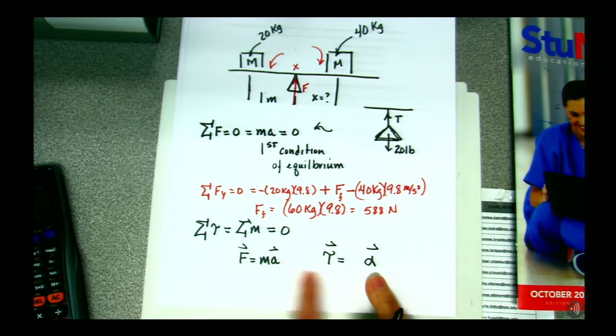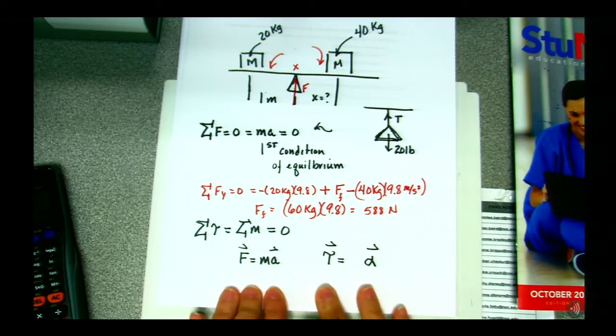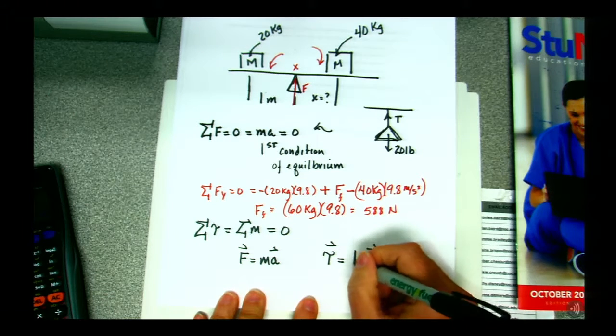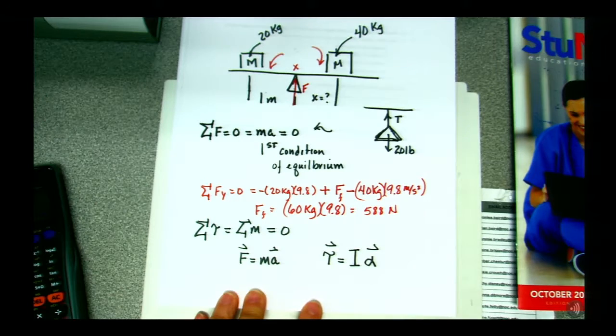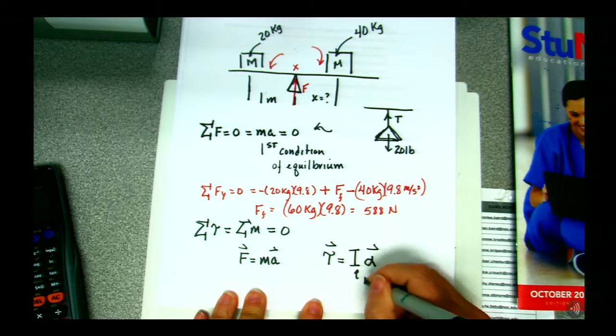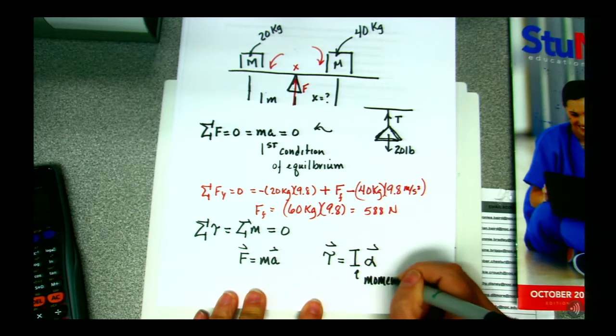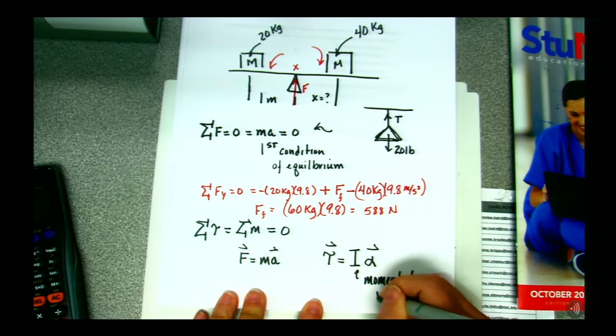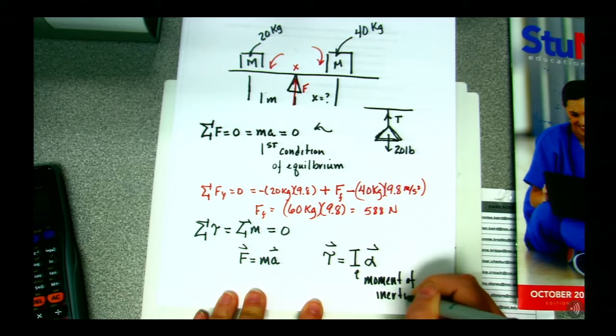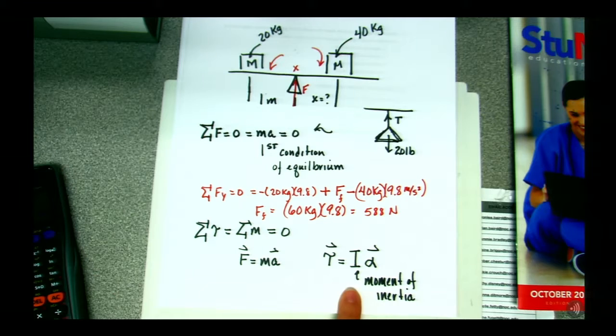These are still going to be proportional, so I have parallelism, and what we refer to here as I is what we call a moment of inertia. In the next chapter, we're actually going to calculate those, but you guys have dealt with moments of inertia before.